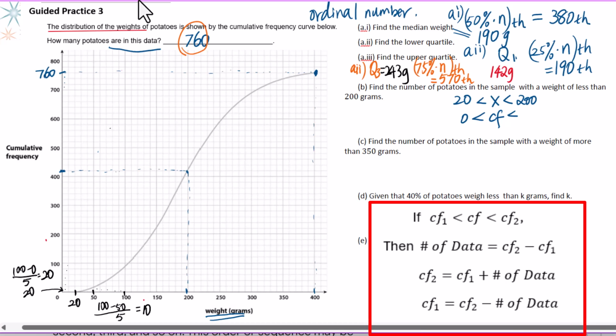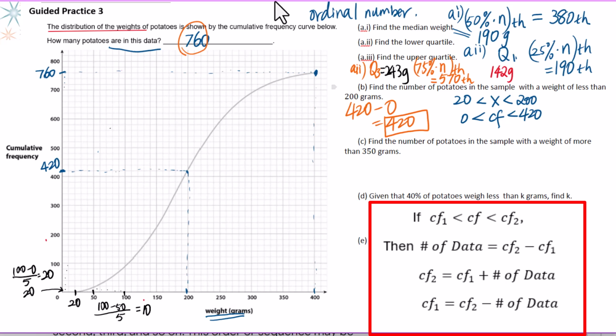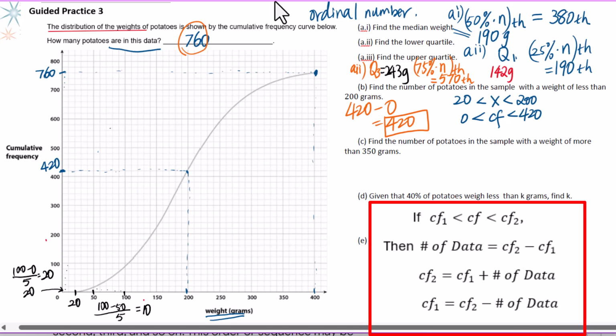We got 420. The number of potatoes is 420 minus 0, which equals 420. So there are 420 potatoes in the sample with a weight of less than 200 grams.